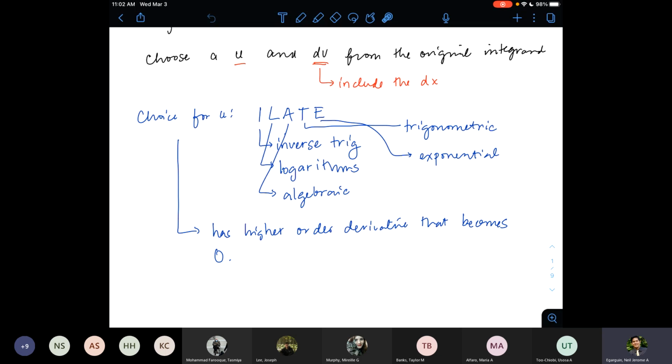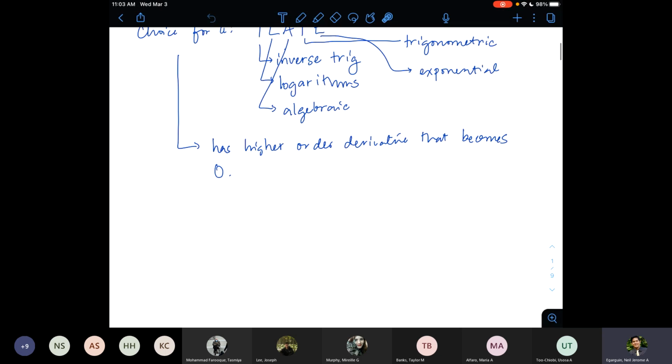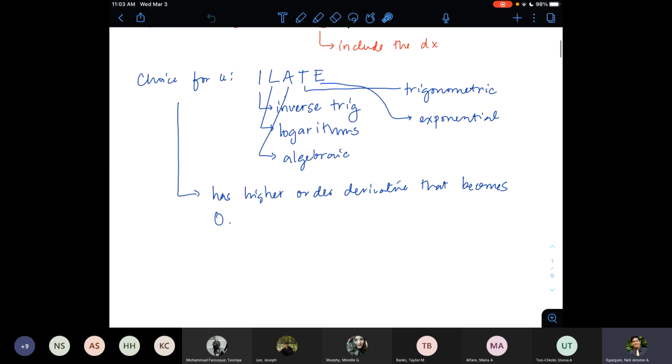Another nice general principle for choosing the u is that a good choice would be those functions whose higher order derivative becomes zero, right? I guess we have seen why that is useful; its usefulness is much more apparent if we're doing integration by parts using a tabular arrangement.